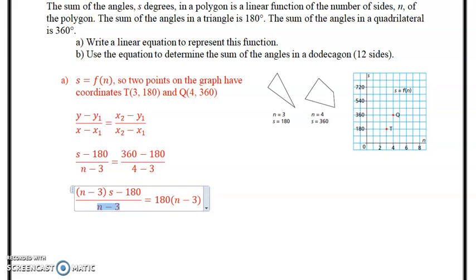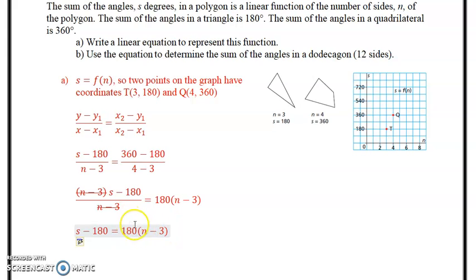These will divide out, giving you 1. That's why we did it. Let's clean it up. And we get s minus 180 is equal to 180 multiplied by n minus 3.